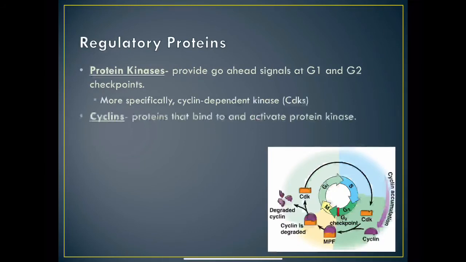In the cell cycle, there are two main regulatory proteins, and these should be somewhat familiar to you. The first is protein kinase. If you remember, we talked about protein kinase before.